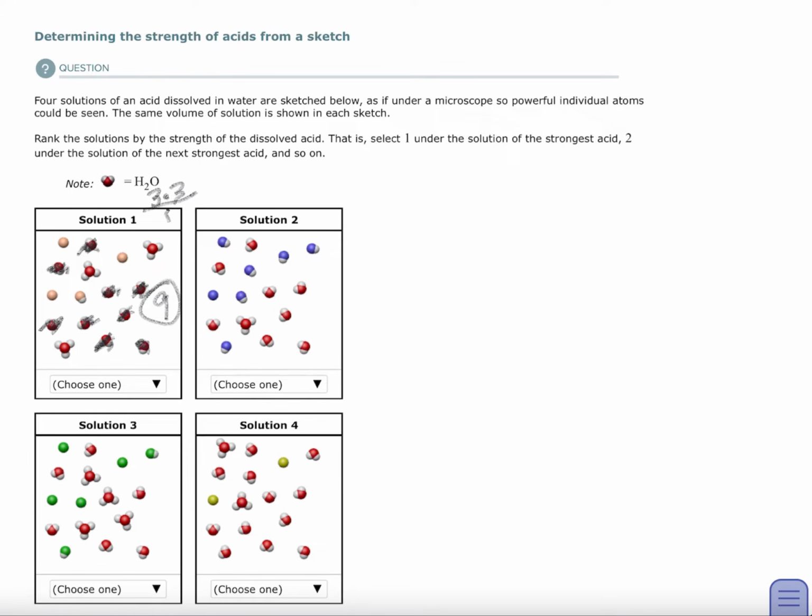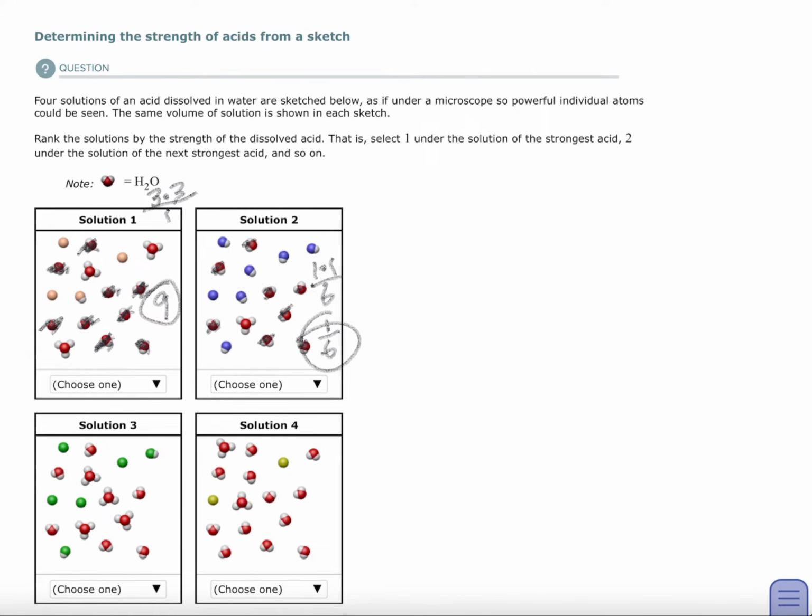Okay. The second one, if I scribble out the waters, I've got 1 of the hydroniums. I've got 1 of the conjugate bases, and I have 6 original acids. So this is going to be 1 over 6.